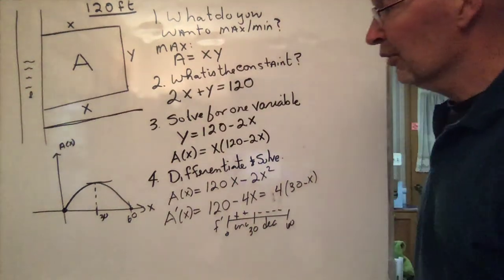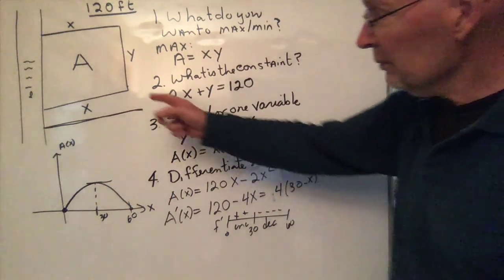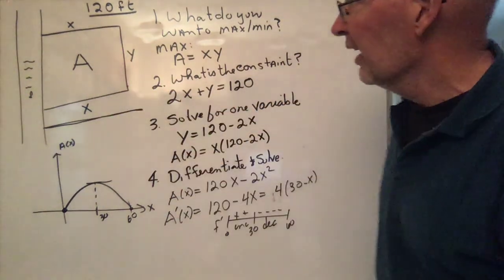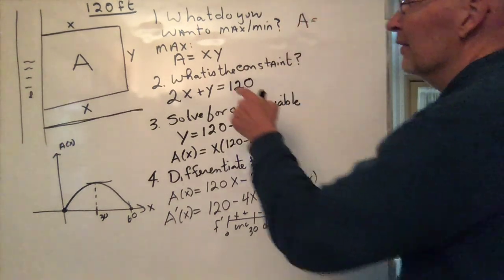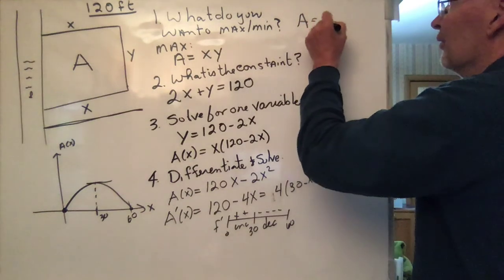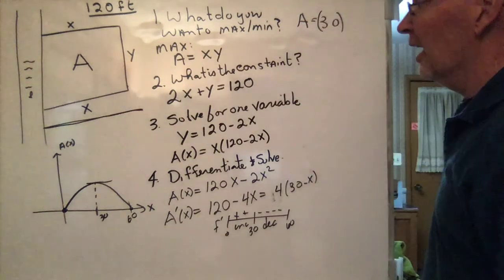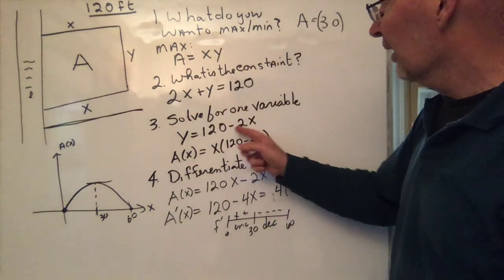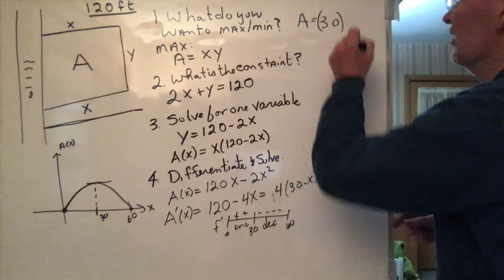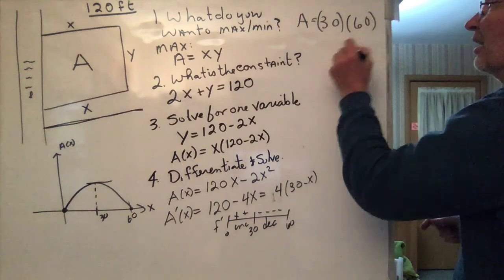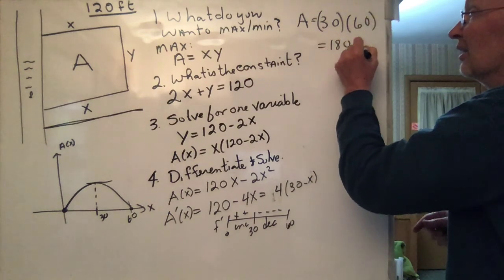So the point is, that's where the maximum occurs. And now let's calculate what the area would be. If x is equal to 30, what would y be then? 120 minus 2 times 30 is 60. And that's 1800.